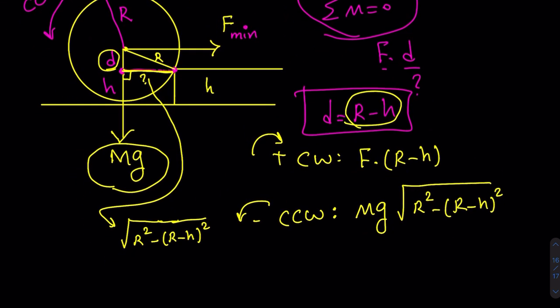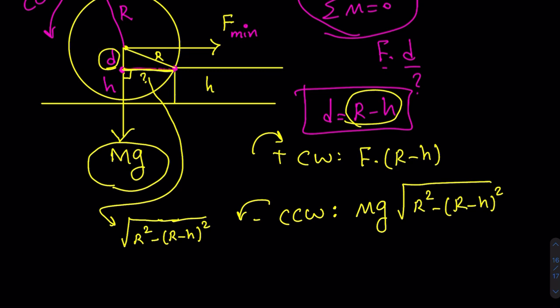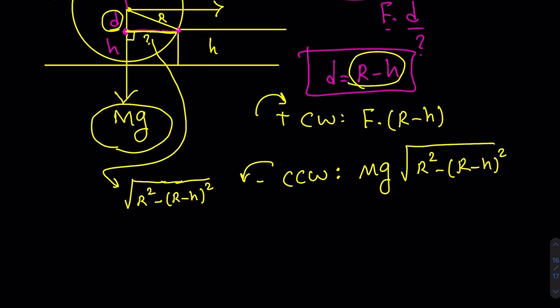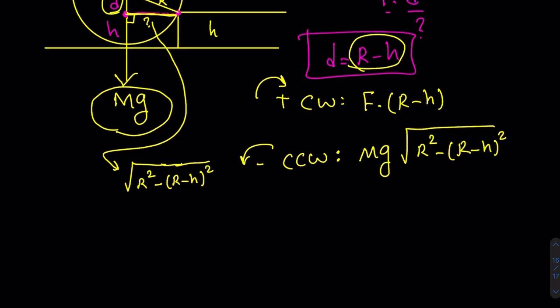So now we need to set them equal because the sum of both must be equal to 0. That means the value of the clockwise and the value of the counterclockwise torques must be equal.